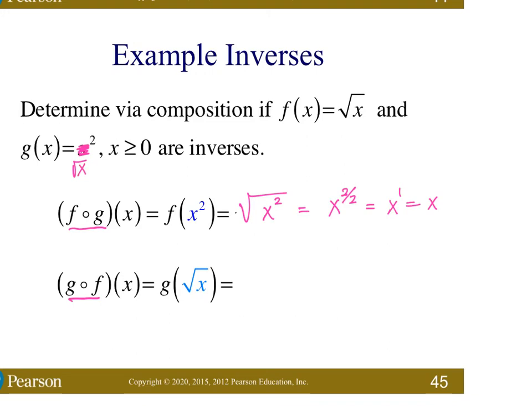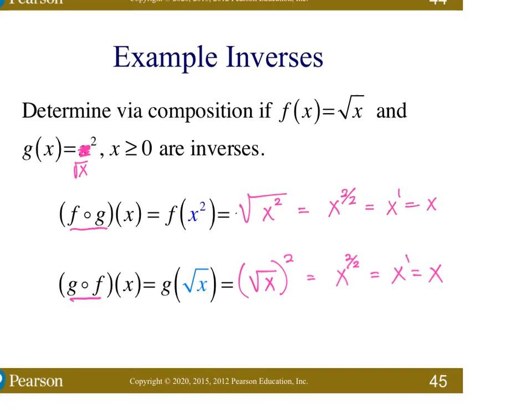So that's going to give me the square root of x in parentheses squared, which again is x to the 2 over 2. So since I got the identical thing both times, I got x each time, these are inverse functions of each other. I just showed it or proved it by checking the composition both times.